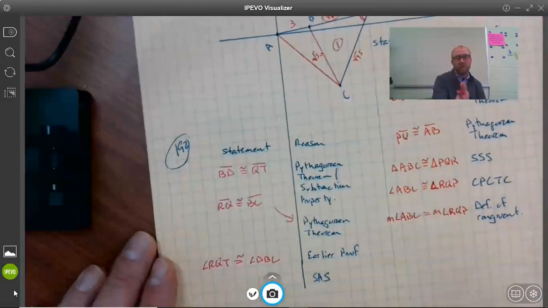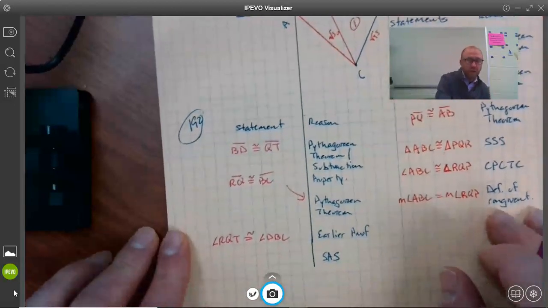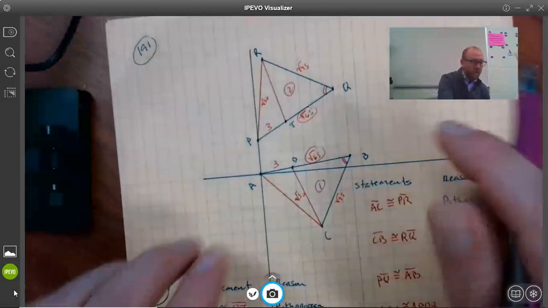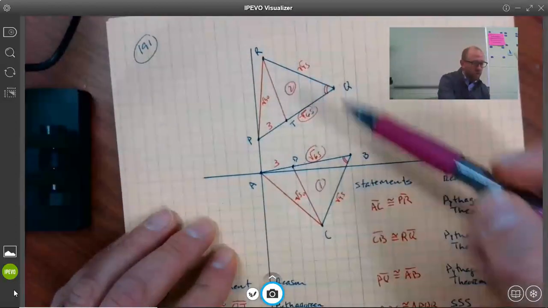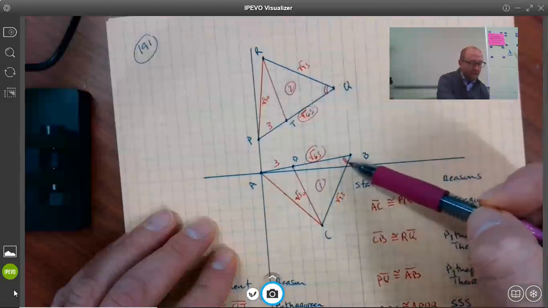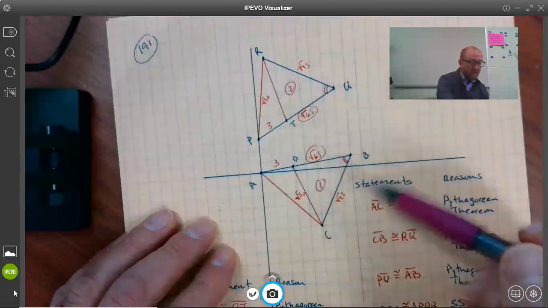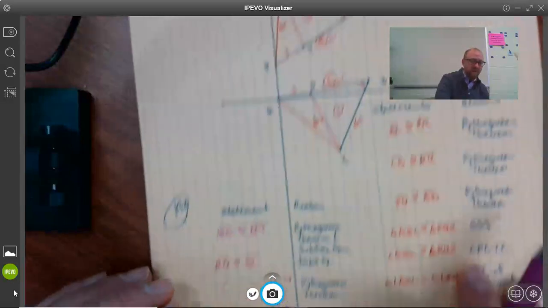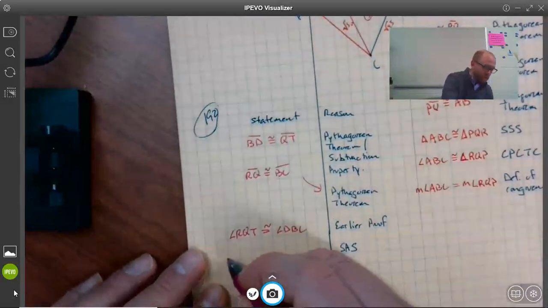Right? And we just proved that earlier, so we can use that fact in our new proof. So now we have RQ and CB being congruent, the angle here being congruent, and BC congruent to QT, so that's side, angle, side. These two triangles are congruent by side, angle, side.